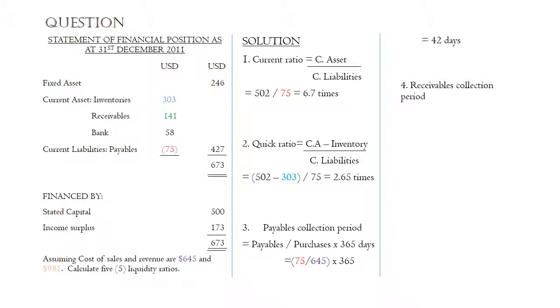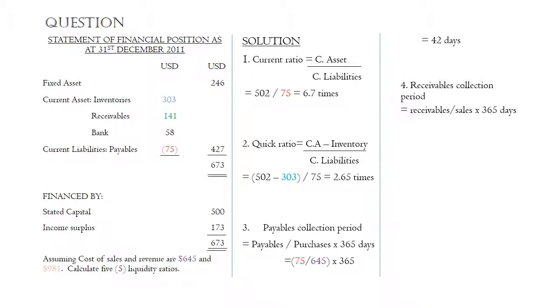Okay, let's go to the next one, which is the receivables collection period, which is the number of days we have given to our customers to owe us until they pay. So by formula, remember, it's trade receivables all over credit sales multiplied by 365.